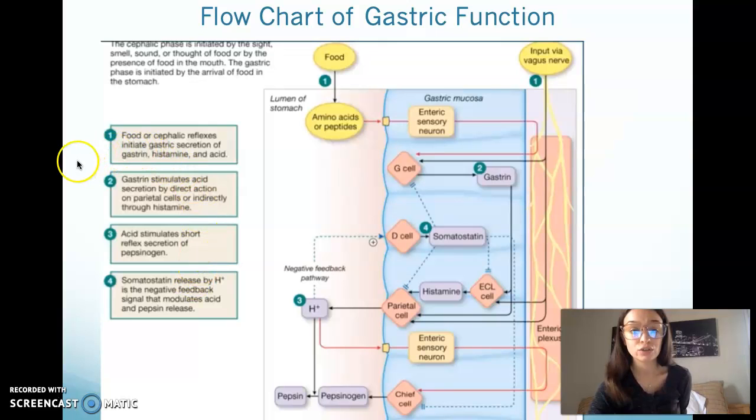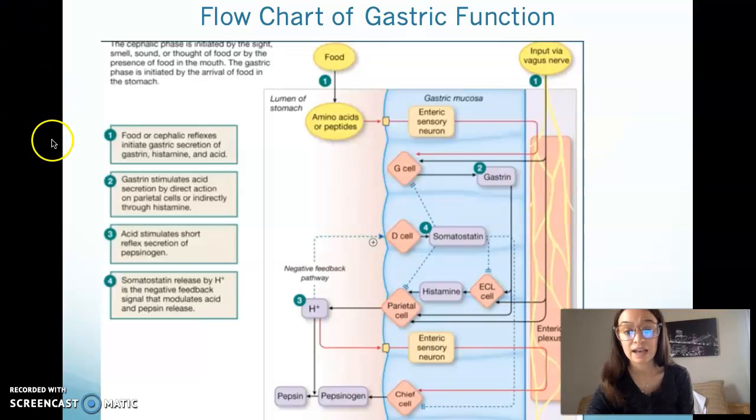In the first stage, the food or cephalic reflexes initiate gastric secretion of gastrin, histamine, and acid. We'll go into those further later in the lecture. Also, the gastric phase is initiated after the cephalic phase, and in the gastric phase is where two-thirds of the acid and the hormones are produced in order to aid in digestion.